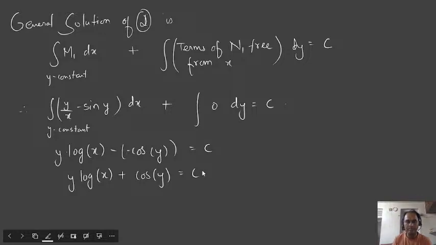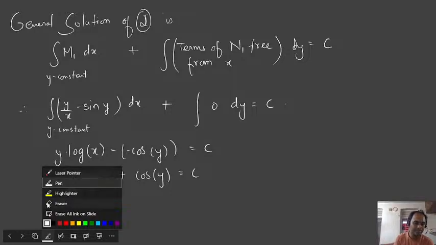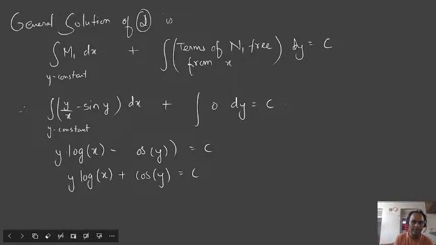Oh sorry, I made a mistake here. We are not integrating with y, we are integrating only with x now. So here what you will have is y over x, integration is log x, and sine y integration is only thing that you will get is x sine y.